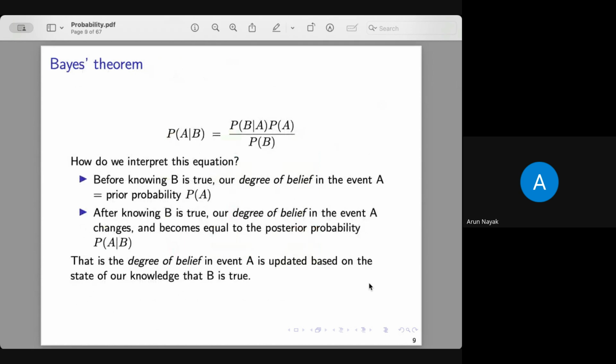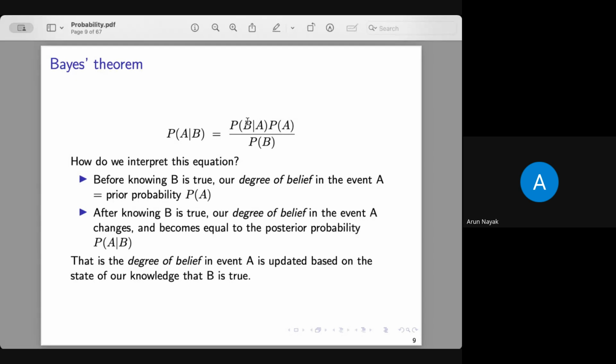So how do we interpret this Bayes theorem? As you can see, the probability of A given B depends on probability of B given A times probability of A. That means we have some degree of belief on A initially. After knowing the value of B, or whether B is true or not, our degree of belief changes.